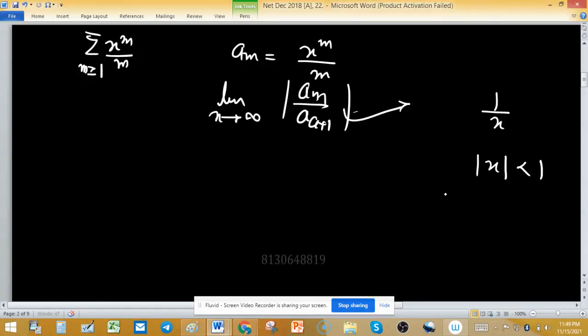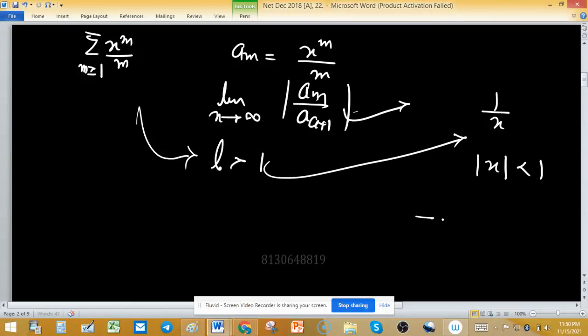Convergence of the series is when the limit L is greater than or equal to 1, and this limit is less than 1 when x lies between minus 1 and 0. So you will check this concept later. First we evaluate this limit.